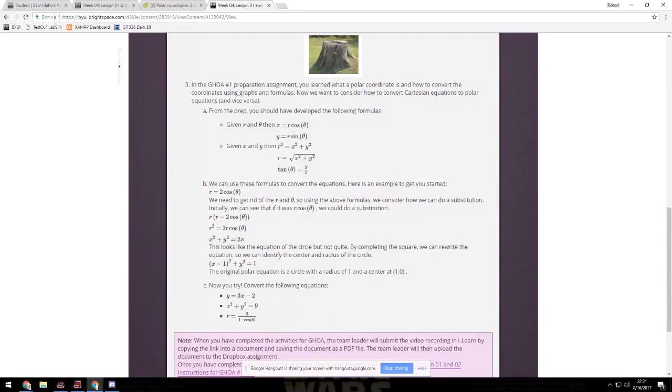And then I went ahead and I took the r, and since r is equal to the square root of x squared plus y squared, so I had the square root of x squared plus y squared minus x equals 3.